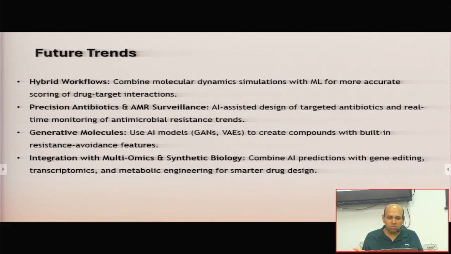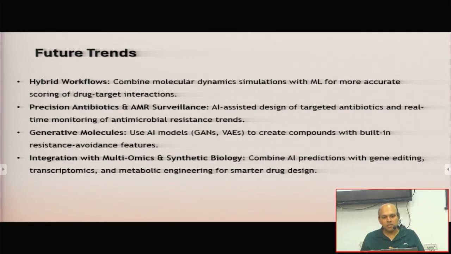Generative molecules, to create compounds with inbuilt resistance avoidance features, is not easy. All these things that I'm saying are not easy things to do. Remember that. And there are so many challenges. You need to do it in a very step-by-step manner, but you need to identify the potential at the initial stages. If you are able to do that, then you'll do well.